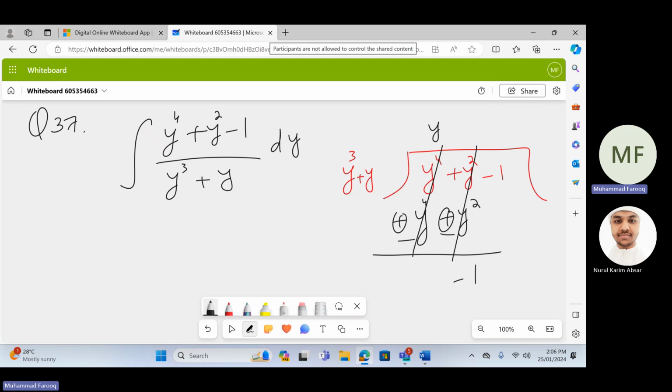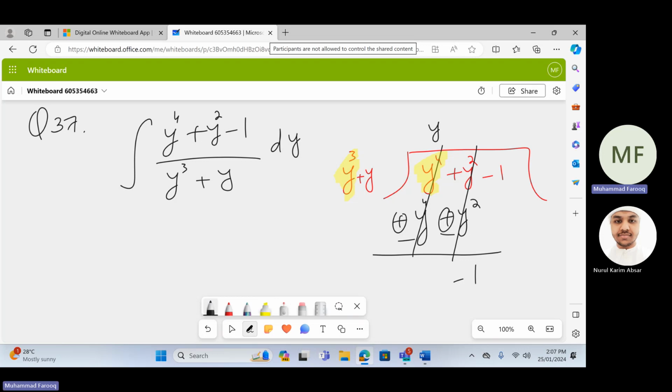What's the rule for long division? You have to divide the first term by the outside first term, that's it. And then you have to multiply. So we stop calculating, because in long division, if the inside degree is less than outside, stop. So you cannot proceed.